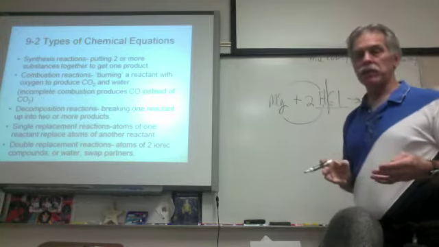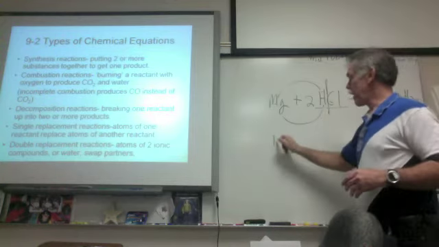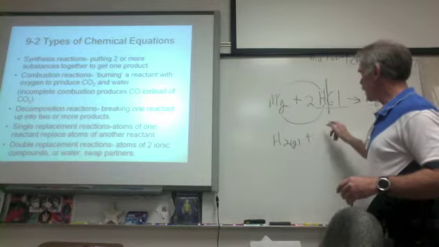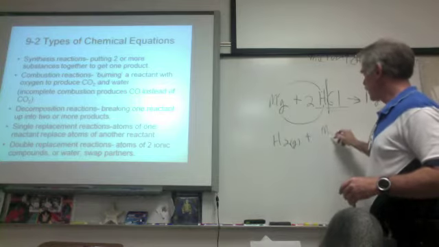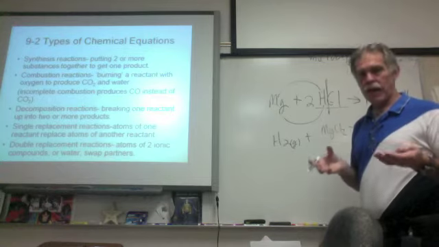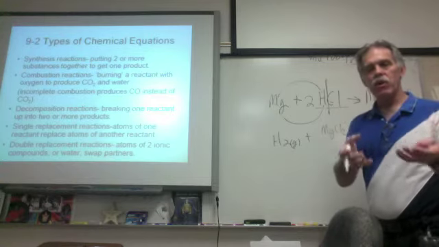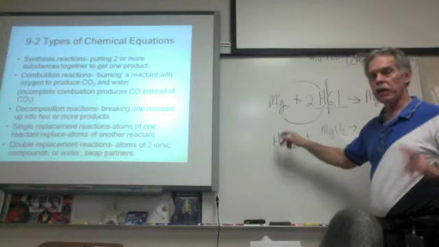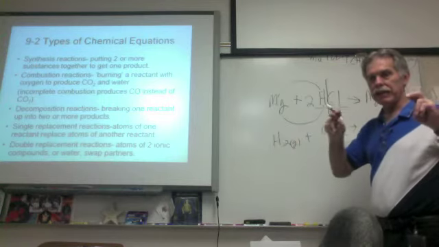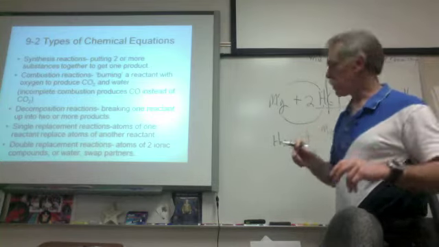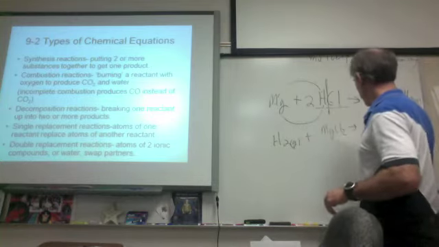That's single replacement. If it were the other way, if the hydrogen gas and the MgCl2 were reacted, there would be no reaction. Why is that? Because hydrogen is weaker than magnesium. Okay? Magnesium's higher on the chart. So we would write NR, no reaction.